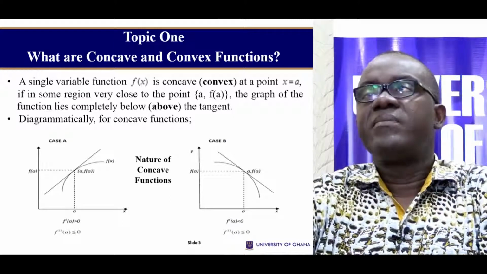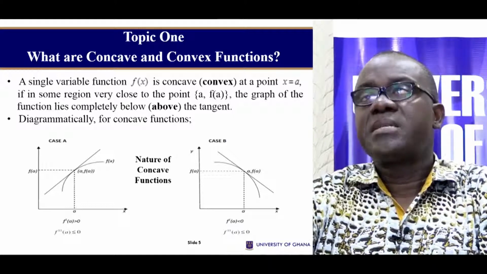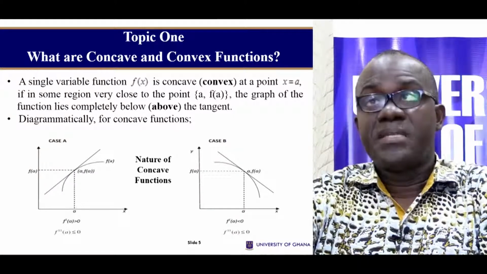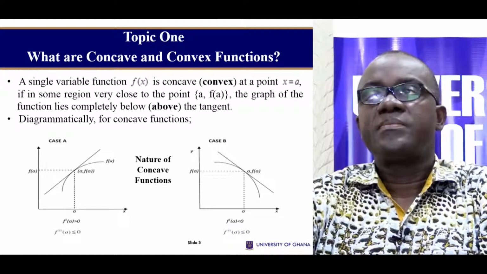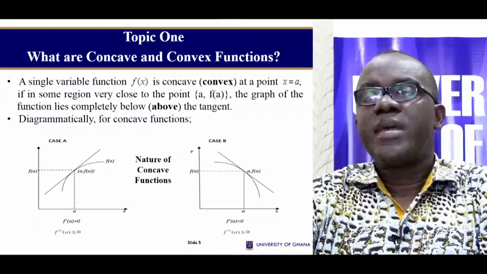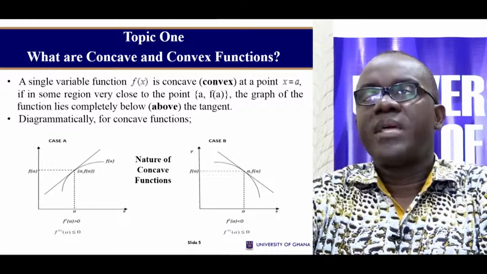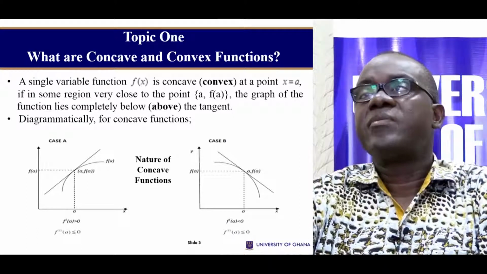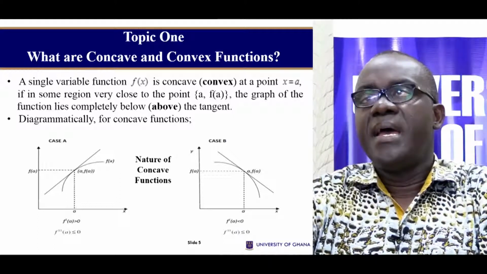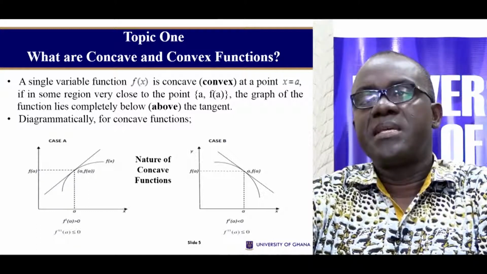And if you have this function, a single variable function f of x, it is concave or convex at a point x if in some region very close to that point, the graph of that function lies completely below, or in brackets above in the case of convex, the tangent.